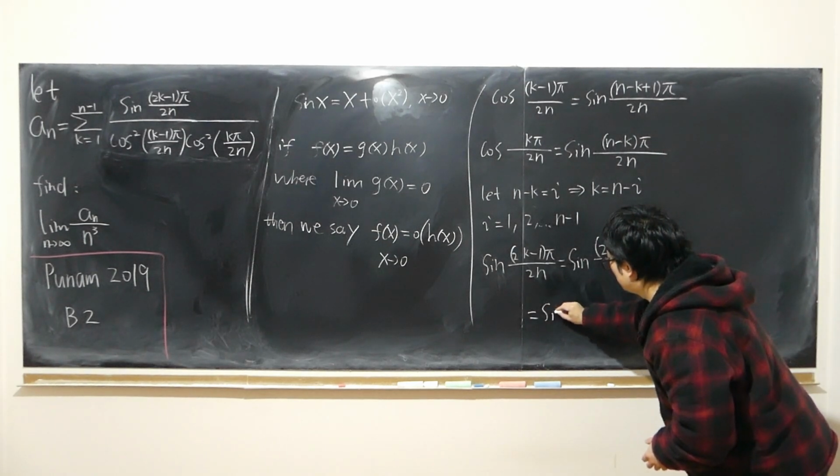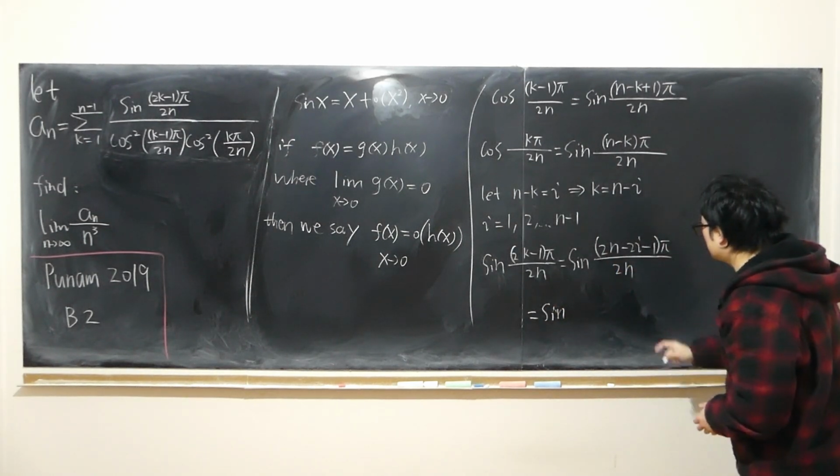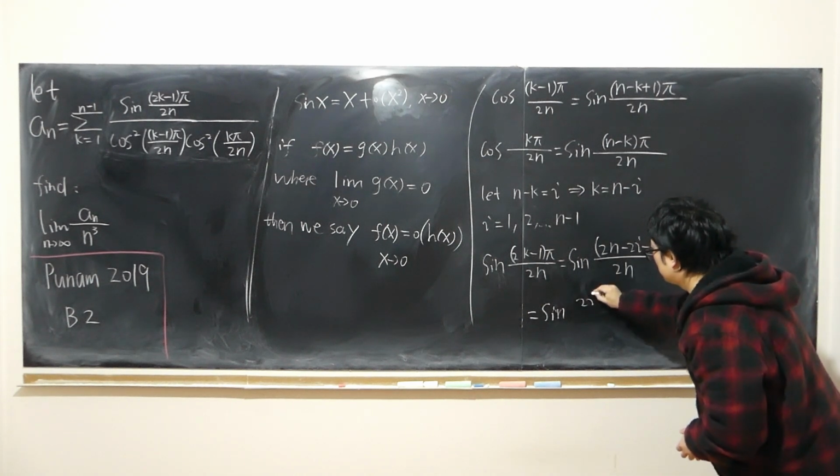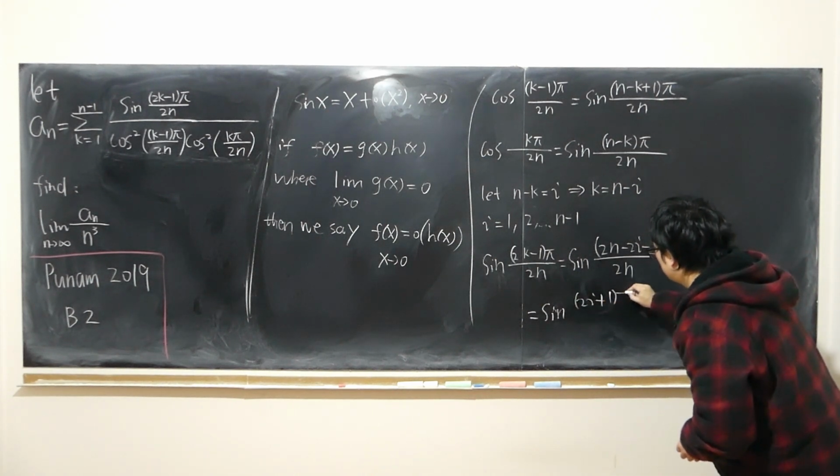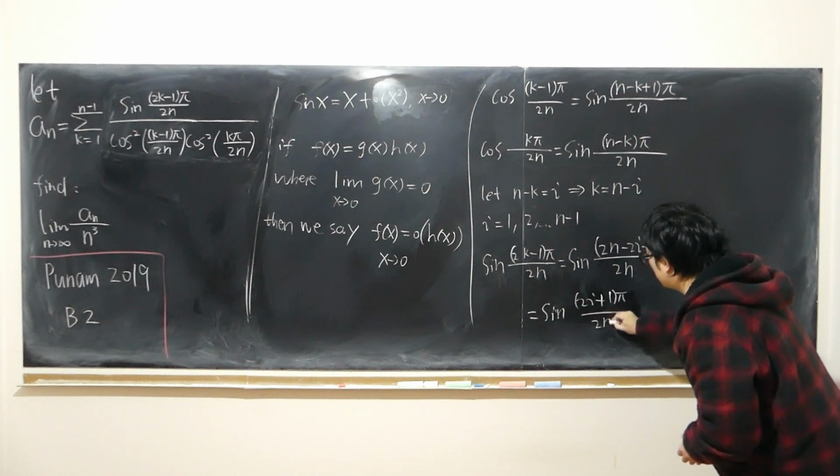Ultimately it should be positive, (2k plus 1) pi over 2n, right?